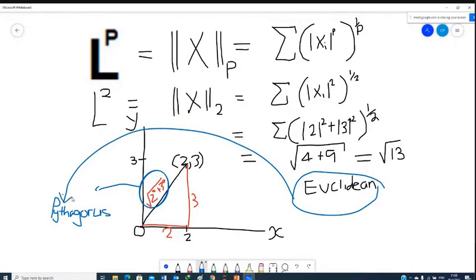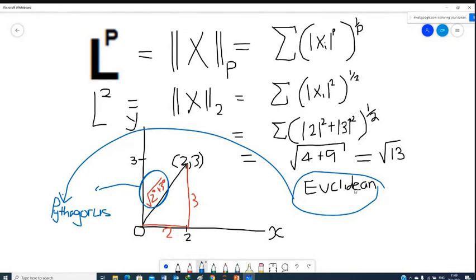I think it's the same thing. So we're measuring the distance from the point of origin up to this point. This is the diagonal of the triangle, and it gives you the Euclidean distance as well.